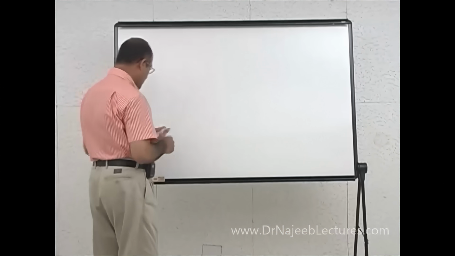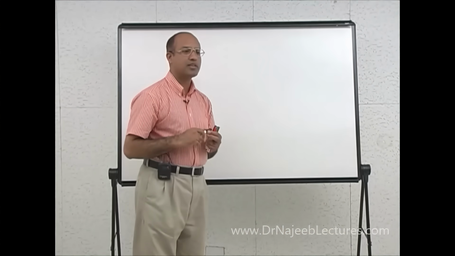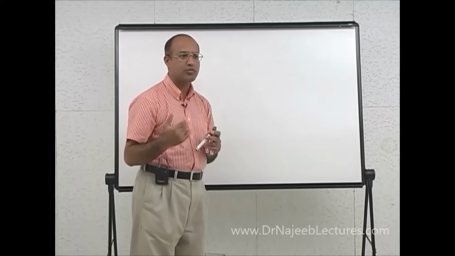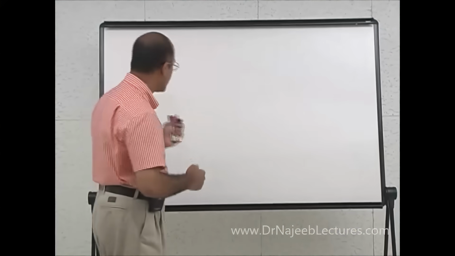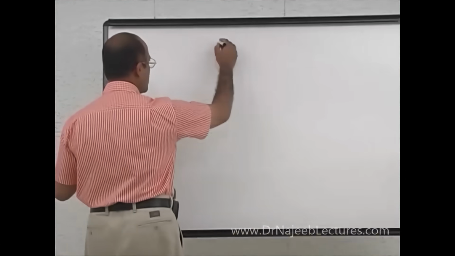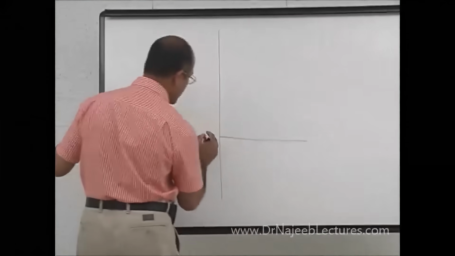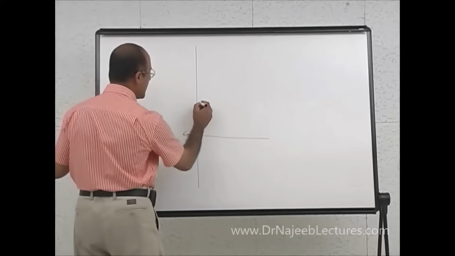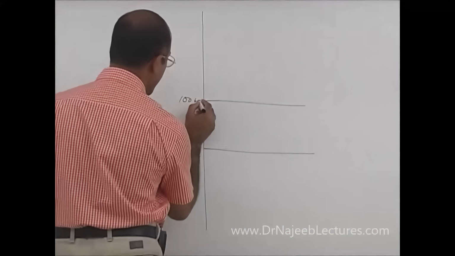All of you must know that for normal cardiac rhythm, one of the very important criteria is that heart rate should be somewhere between 60 and 100 beats per minute. Let's suppose on this scale we draw the heart rate. Here it is 60 beats per minute, and here it is 100 beats per minute.